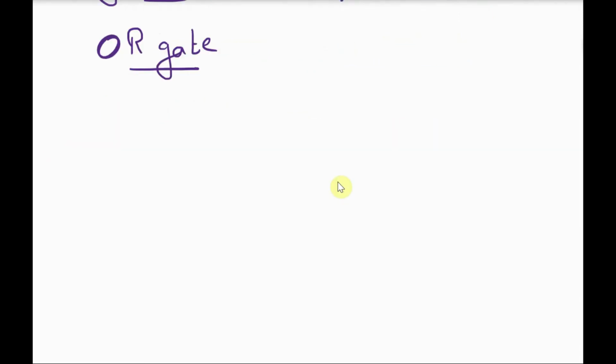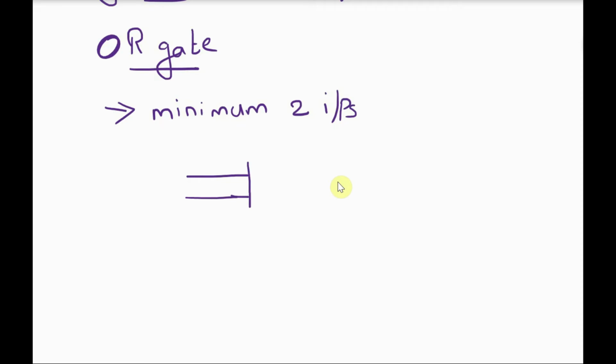Now, the next basic gate is OR gate. Again, in OR gate, we need minimum 2 inputs, and maximum you can have any number of inputs. The logic symbol for OR gate, we have to draw like this.